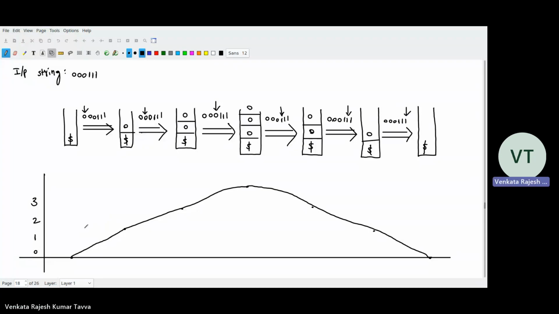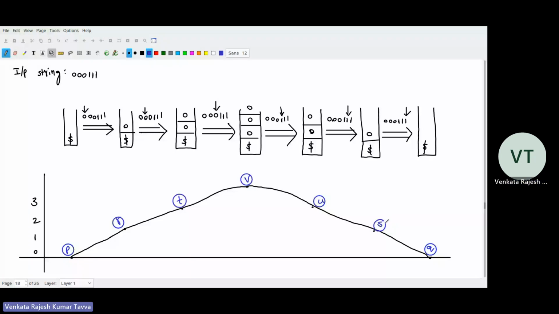and reducing. If you notice, if the string is valid, Now it is going from one state to another, so you can think of these as states of the stack.